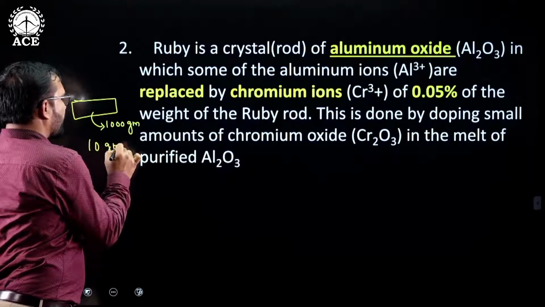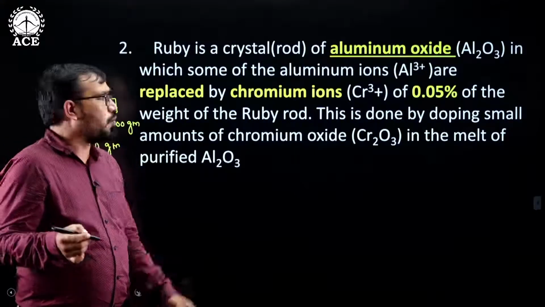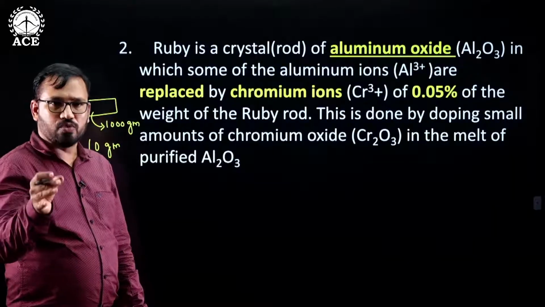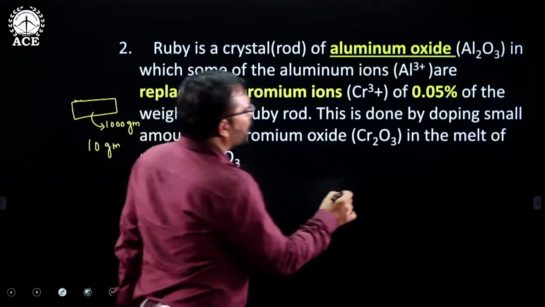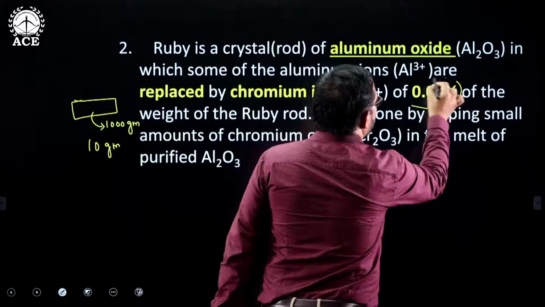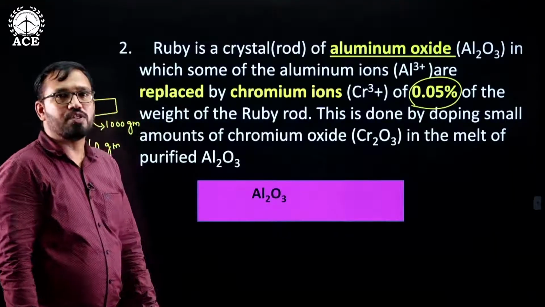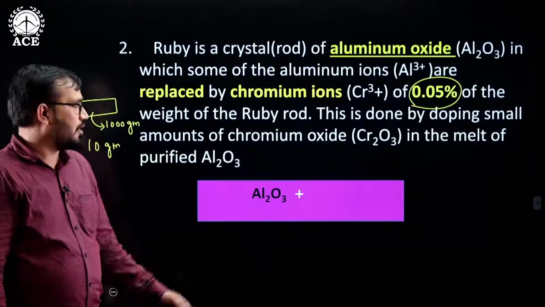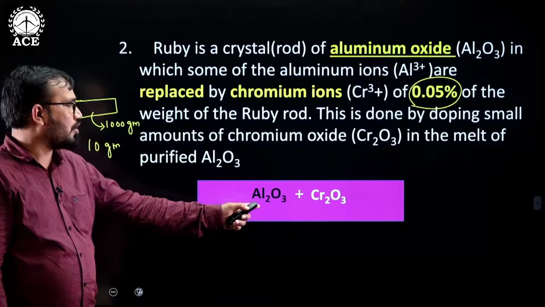But we are not doping only 1%. From whatever the weight of the ruby rod is, we dope 0.05 percent by weight. The Al2O3 ruby rod is doped with Cr2O3 ions.